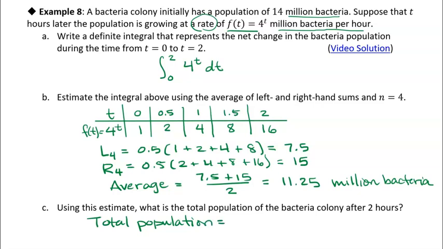We started out with 14 million bacteria, and over the course of this 2-hour period, we added about 11.25 million bacteria, right? So that gives us a total of 25.25, and again, the units are million bacteria.